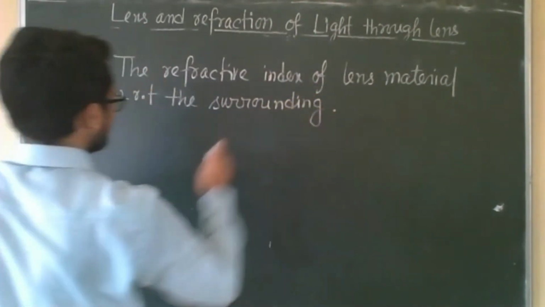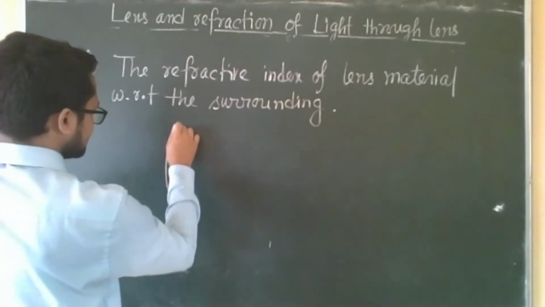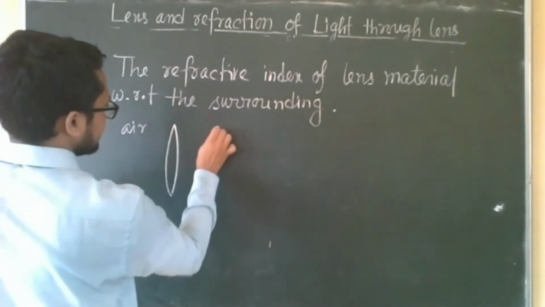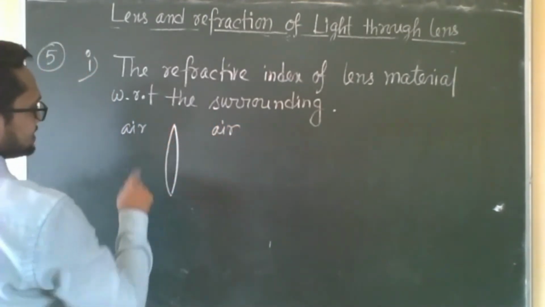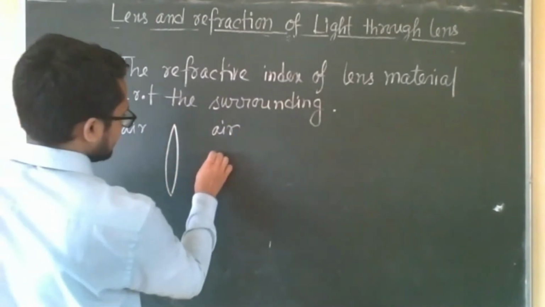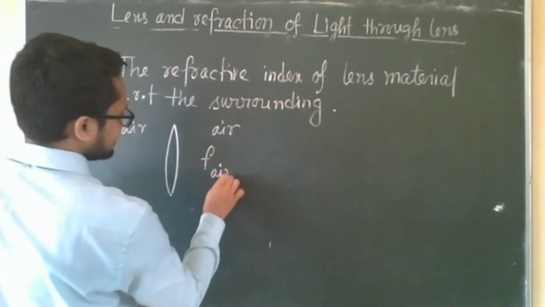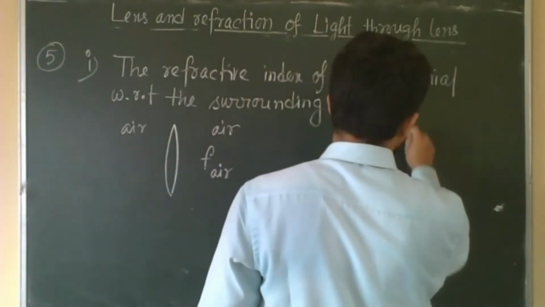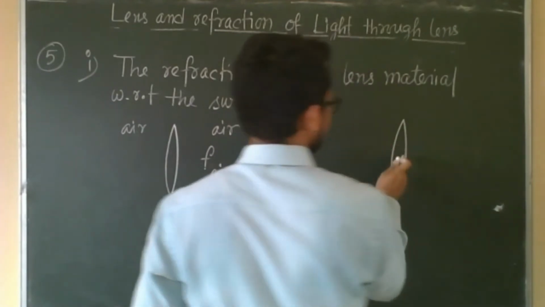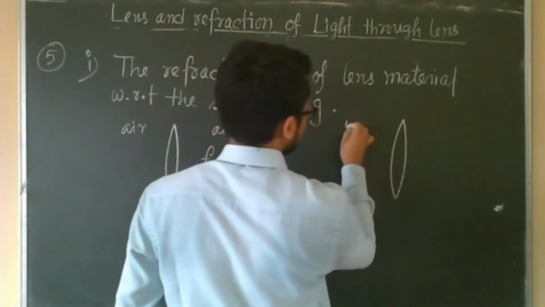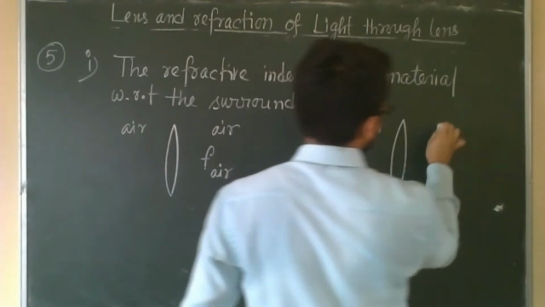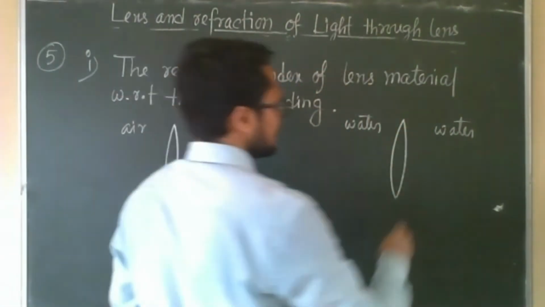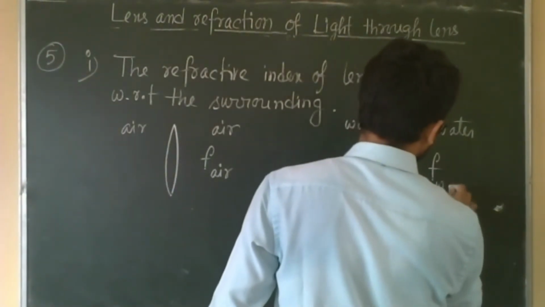Suppose I am taking 2 conditions. This is a convex lens and the surrounding medium is air. When it is kept in air, focal length is F air. Focal length means which focus? Second focus. And this is the same convex lens, but the surrounding medium is water, and here the focal length is F water.